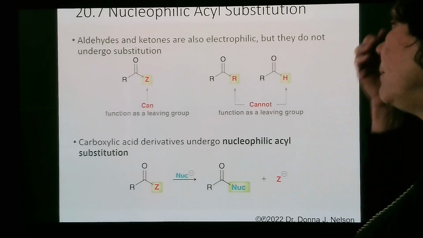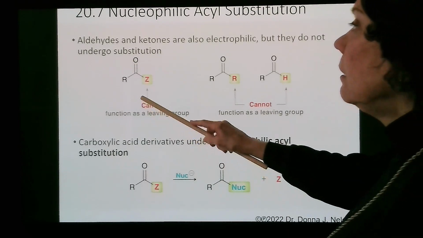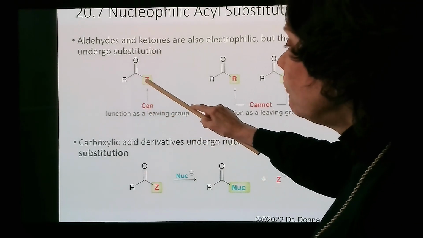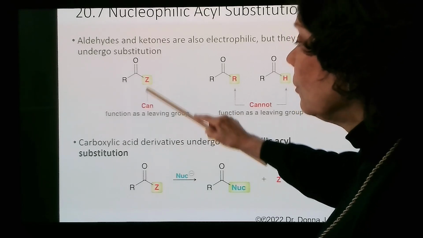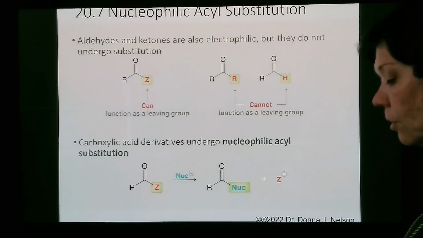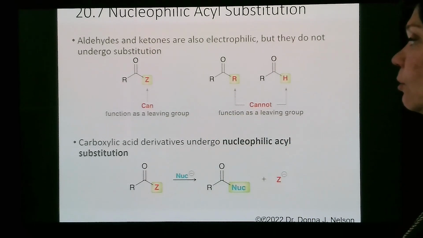So remember, in your carboxylic acid derivatives, you've got a group here that can function as a leaving group. You can go back and look at those. We're going to see these function as a leaving group.